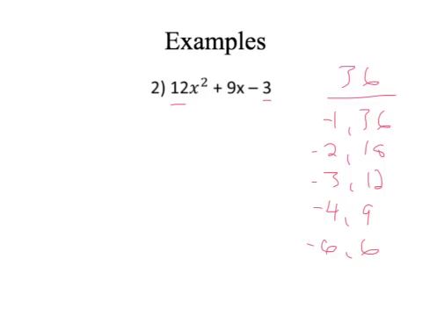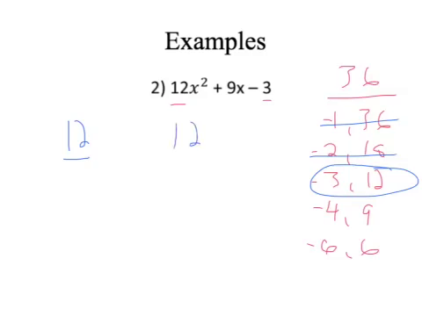Then I need to go through and see which ones add up to give me positive 9. Negative 1 plus 36 is not 9. Negative 2 plus 18 is 16. Negative 3 plus 12 is 9, so that's the one I want to use. So to make my fractions, my first number goes on top. My bottom numbers are negative 3 and 12. I can reduce 12 over negative 3.